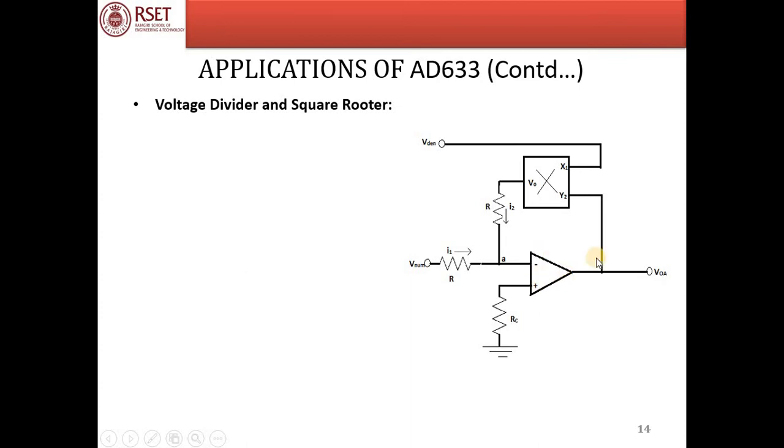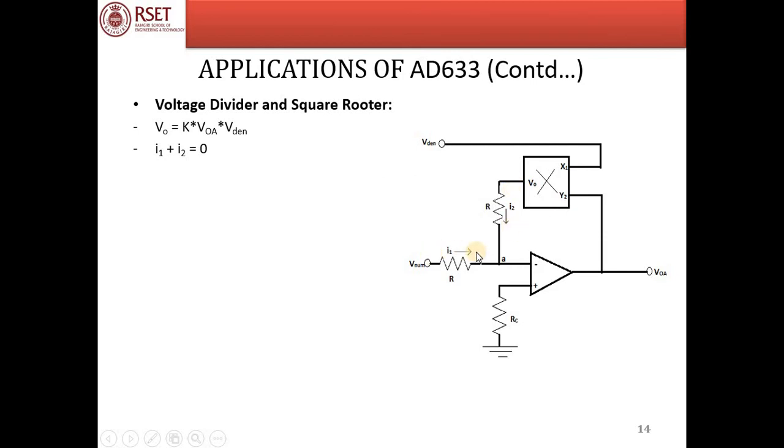We can see an op-amp whose output is fed to one of the inputs of the AD633. The other input of AD633 is the V denominator. So what is VO, the output of the multiplier? Scaling factor K into VOA, one input, into V denominator.